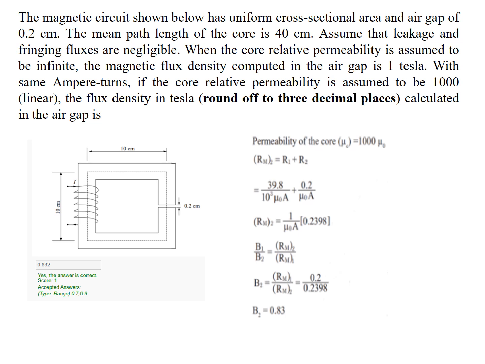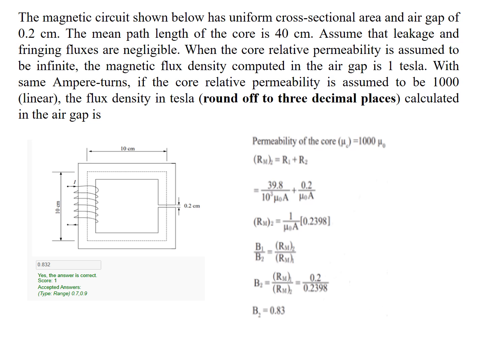Using this relation, we can calculate Rm2 is equal to 39.8 upon 10 raised to 3 mu 0 A plus 0.2 upon mu 0 into A. Why 39.8? Because we have to subtract this 0.2 centimeter from the total flux path of this square.